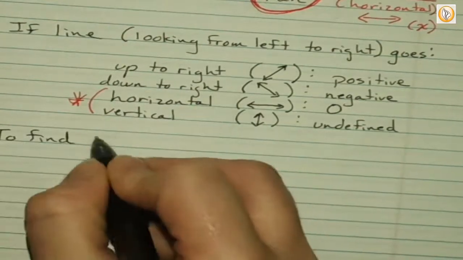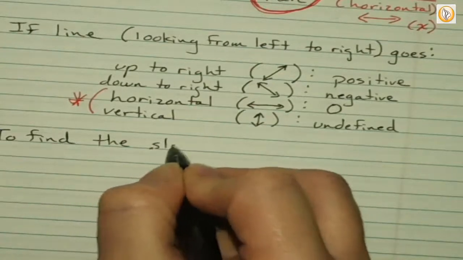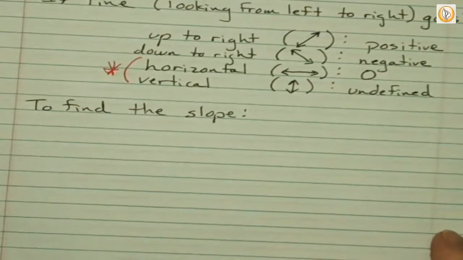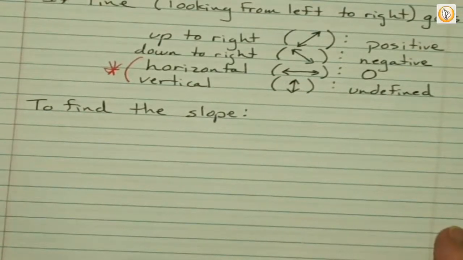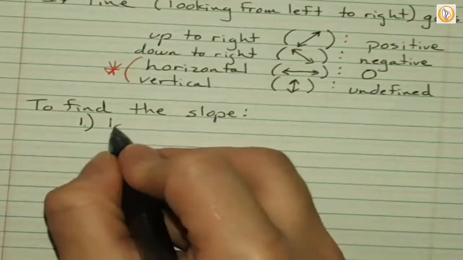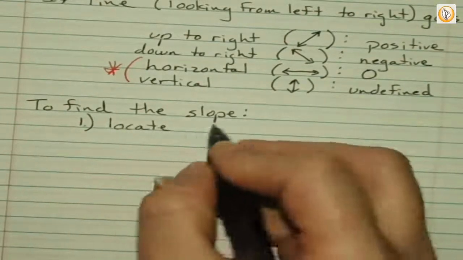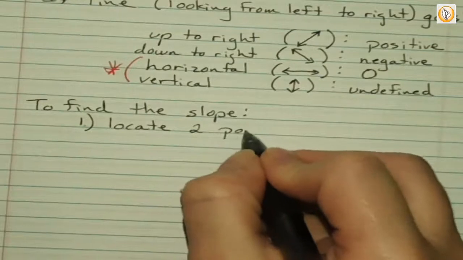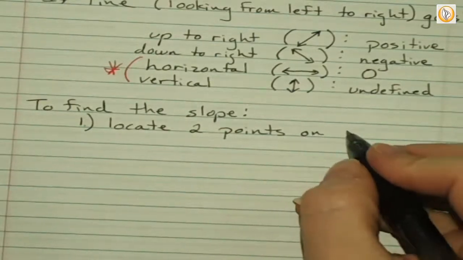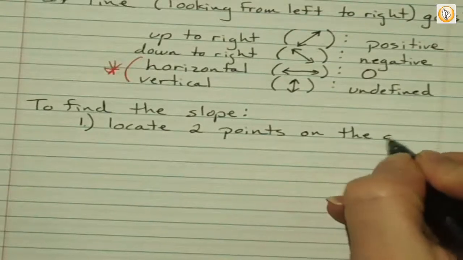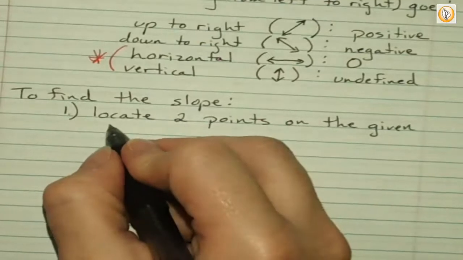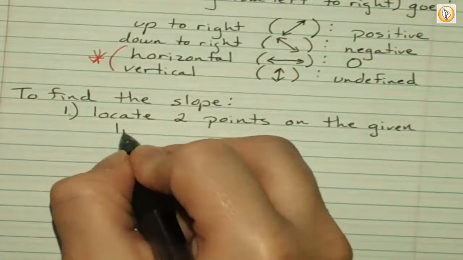To find the slope. Step 1: Locate 2 points on the given line.